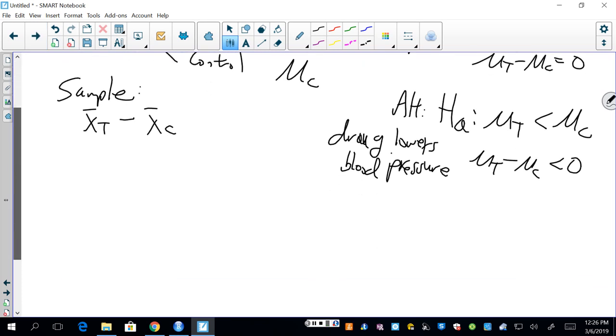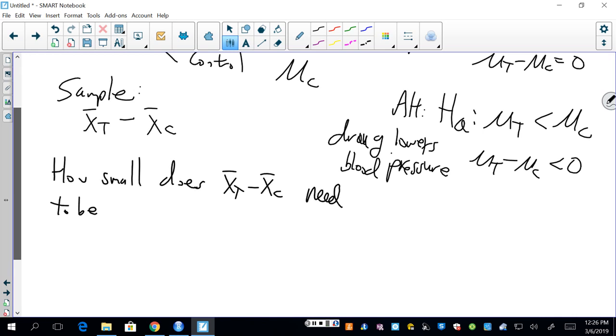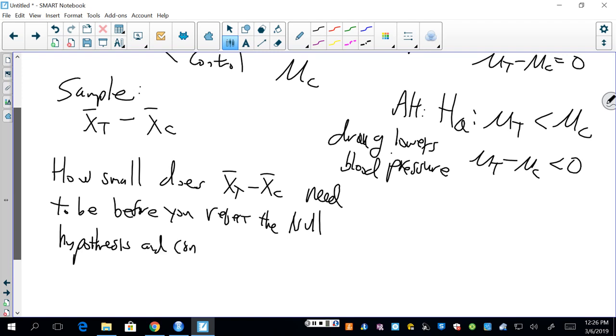So the question in hypothesis testing really is how small does x bar T minus x bar C need to be before you reject the null hypothesis, and conclude that the alternative, which is what you would hope would come out of this drug study, if that's the intent, is to lower blood pressure. And conclude that the alternative is right.